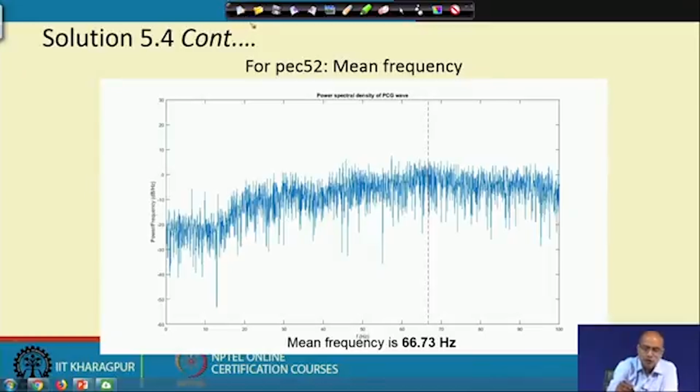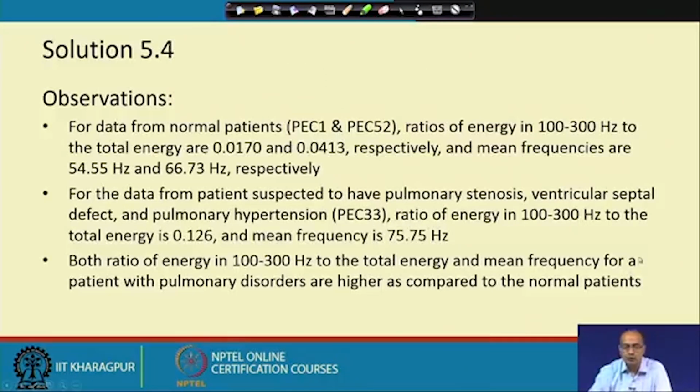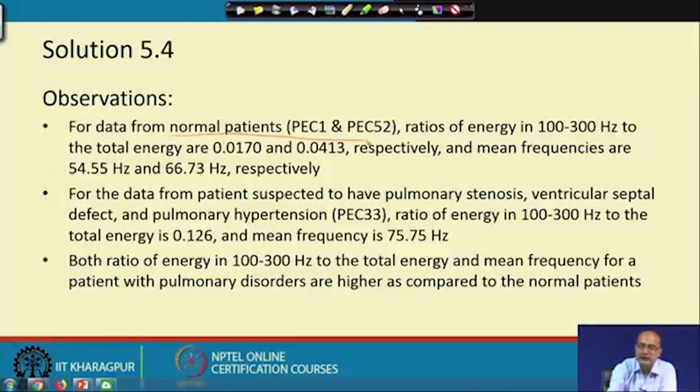Okay. So, now as we have seen the PSD, the energy ratio and the mean frequency, now we go for the conclusion. First we state what energy ratios we get here for the normal patients PEC 1 and PEC 52, the ratio of the energy between 100 and 300 hertz.